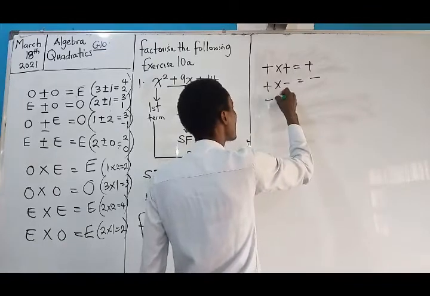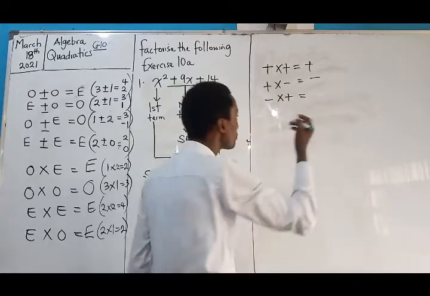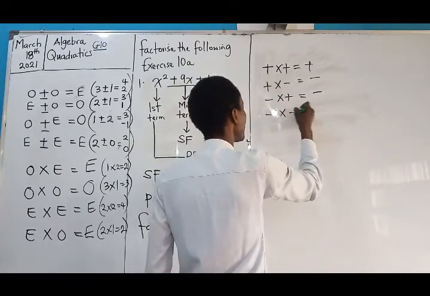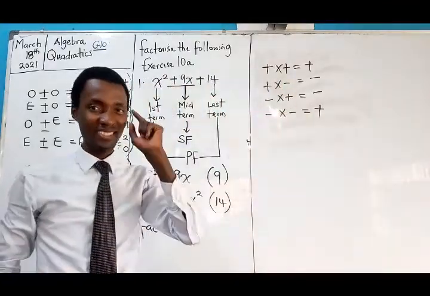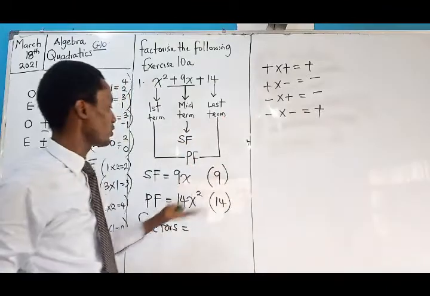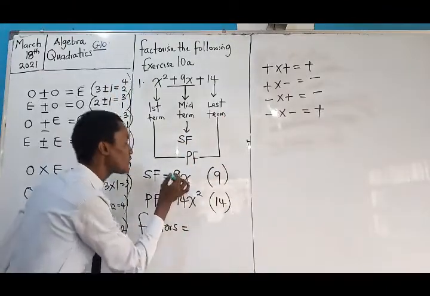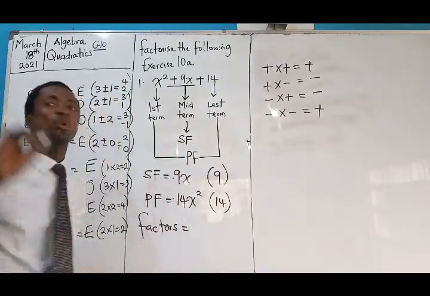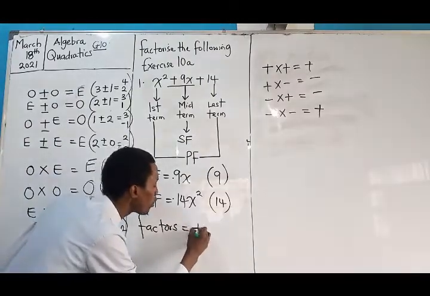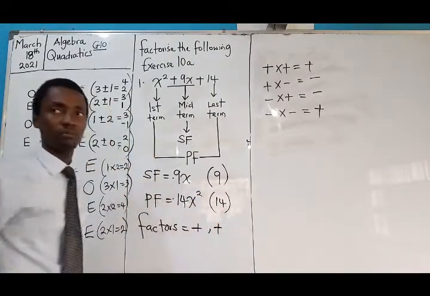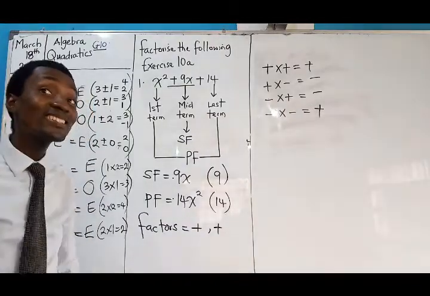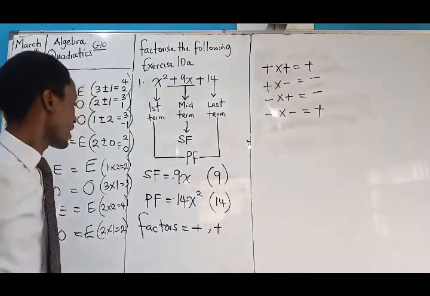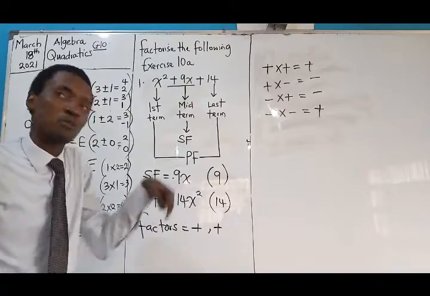If I have negative times positive, what do I get? Negative. And if I have negative times negative, what do I get? Positive. Please take note of this. That's another important idea you need to make your decision here. This is positive. This is positive. Your factors must be both positive.